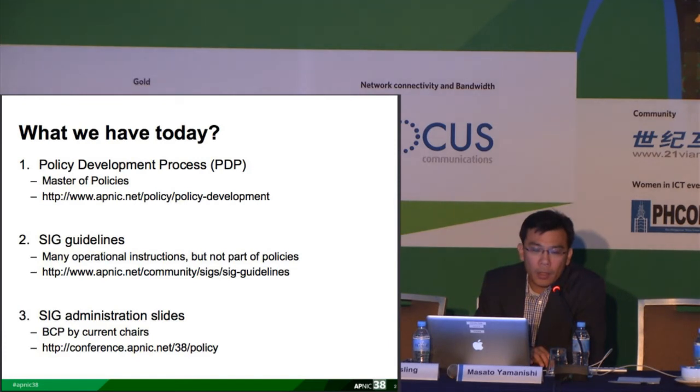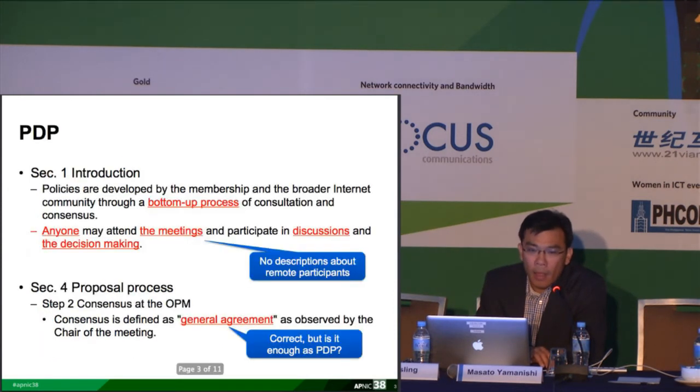And actually, the SIG administration slides are not an official document, but they are the best current practice by current chairs. Then in the PDP, we have quite a few related descriptions about consensus. Section 1 says PDP's policies are developed by the membership and the broader internet community through a bottom-up process.